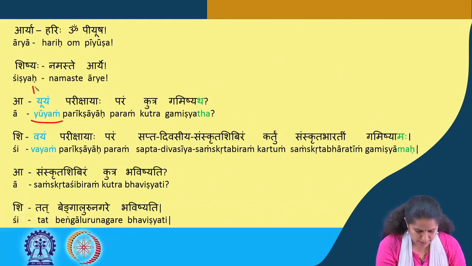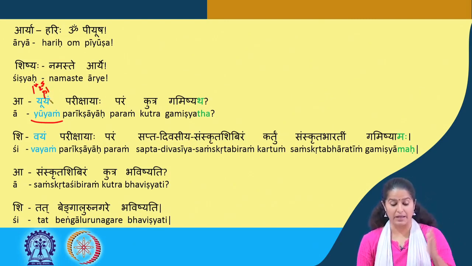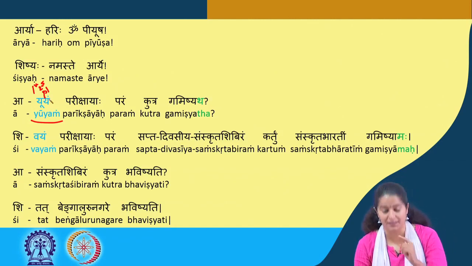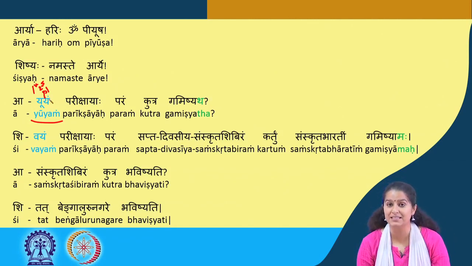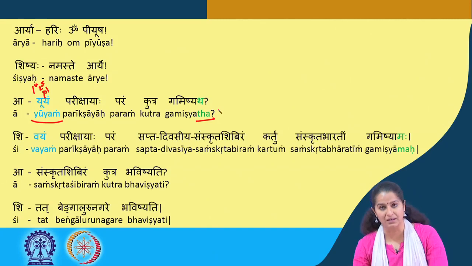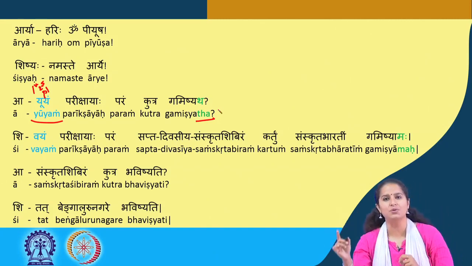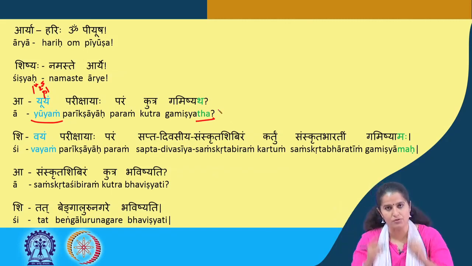So yuyam parikshayah param kutra gamishyatha. Because it's the first case, that means it's the subject of the verb, we have changed it into gamishyatha. That is important to connect. So the subject has to connect to the verb conjugation correctly. That accord is very important in Sanskrit.